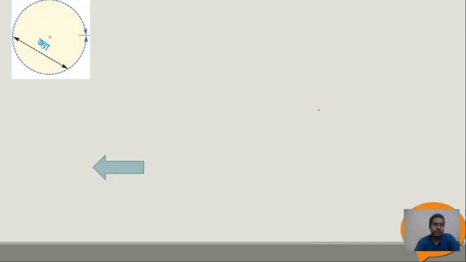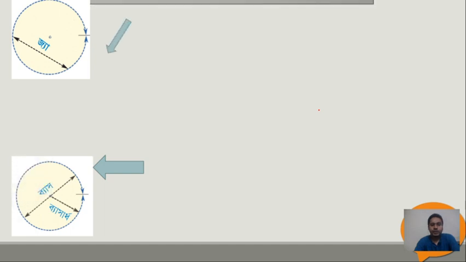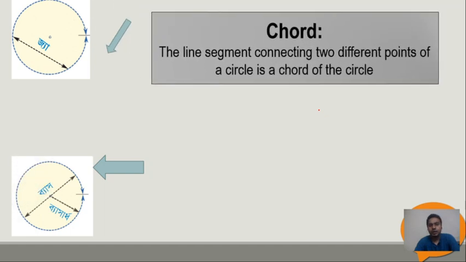Now consider these topics. At first, we want to know about the chord. What is a chord of a circle? This is an important topic. A chord is the line segment connecting two different points.